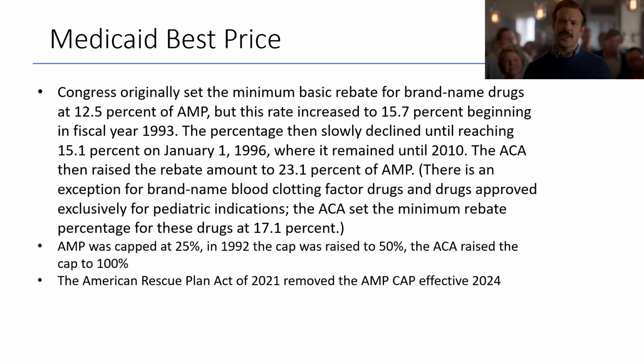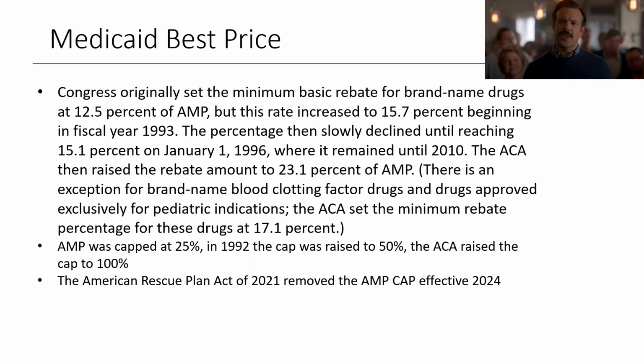And so historically that had a cap on it. Now the American Rescue Plan of 2021 removed the AMP cap that was going to be effective this year. And in some cases, like insulin manufacturers, they were going to have to pay a rebate of greater than 100% to Medicaid, meaning they were literally paying Medicaid to use their drug.